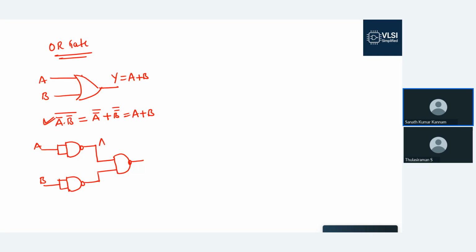So here this is A bar and this is nothing but B bar. So Y equal to what? A bar and B bar whole bar. So this is nothing but A bar whole bar, De Morgan's law I'm applying, OR B bar whole bar. So Y equal to A OR B. Okay, so this is the implementation of the OR gate by using the NAND gate.